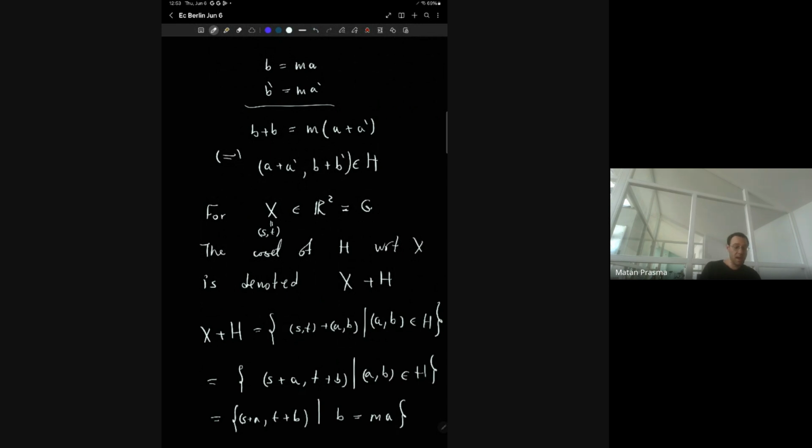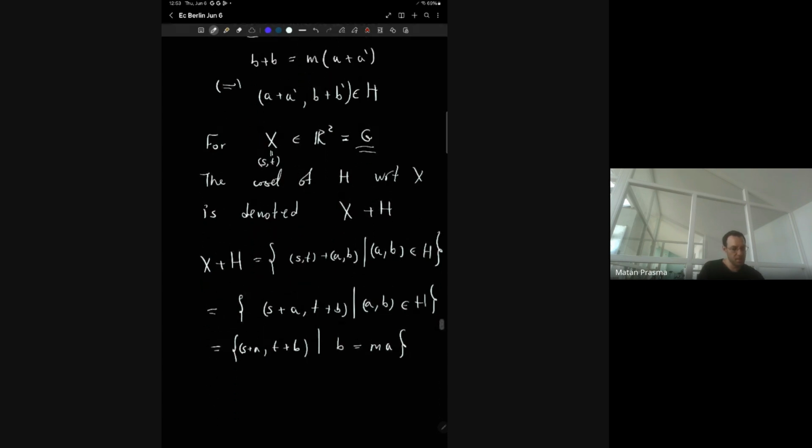So, yeah, (S, T) was picked not in H. (S, T) is an element in the ambient group G. Remember, a coset of H is you pick an element in the ambient group, in the big group, and then you take the coset of the subgroup with respect to this element.